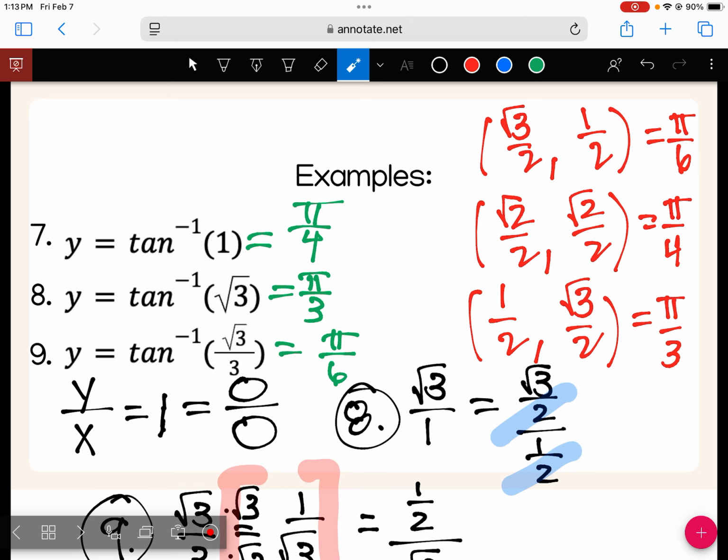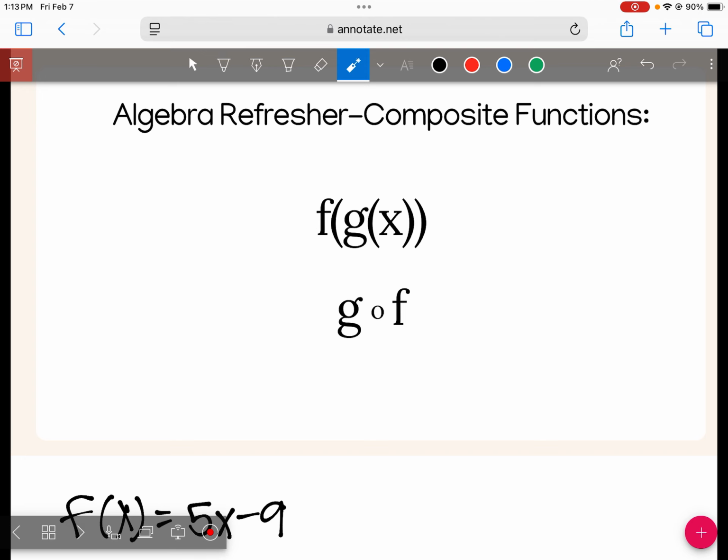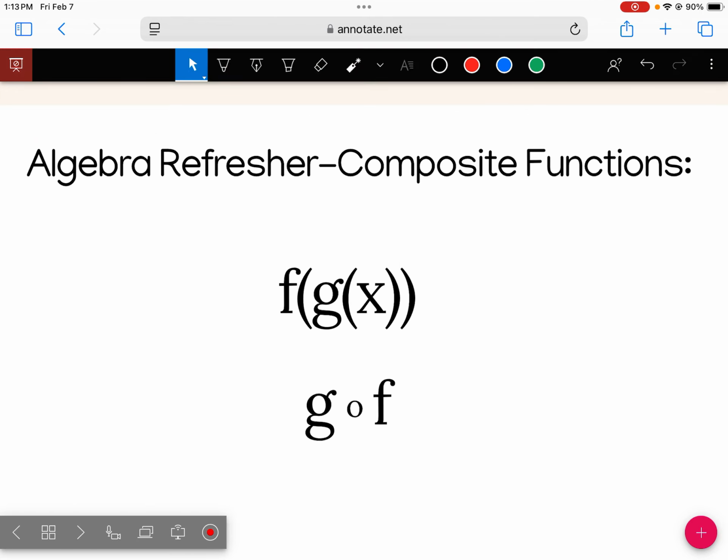Now, if trig wasn't fun enough, we get to do a little bit of algebra. Yay! Does everyone remember what this is? f of g and g of f, and f of g of x. So you do this problem first, right? Or this one, and then you do this one second.